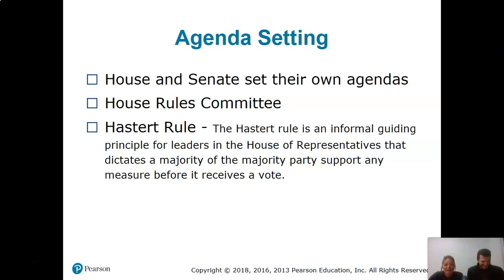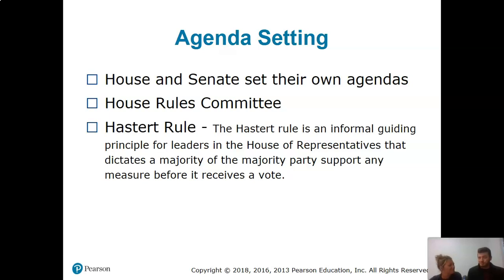And then we have something called the Hastert rule, and I have to be honest, I had to look this up. I don't know that I would have known it off the top of my head. It says the Hastert rule is an informal guiding principle for leaders in the House that dictates a majority of the majority party support any measure before it receives a vote.